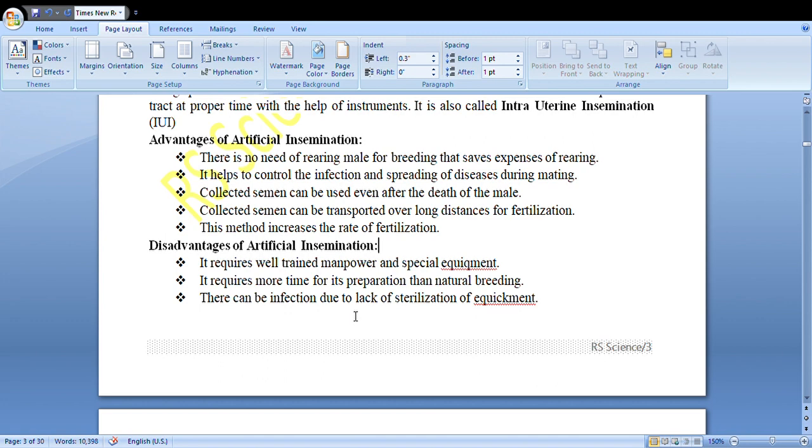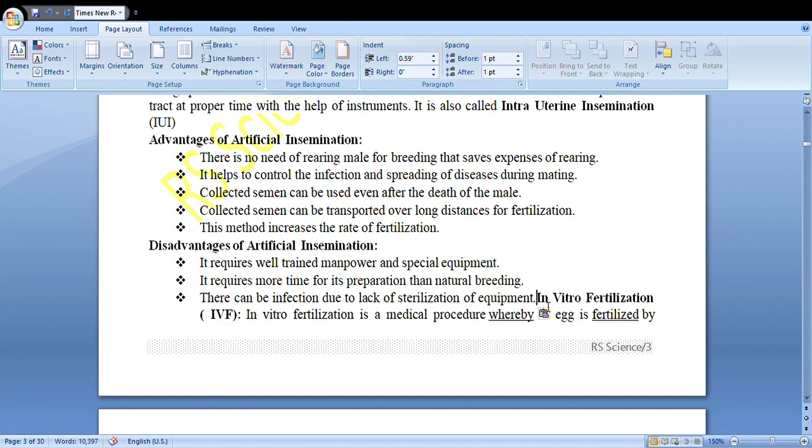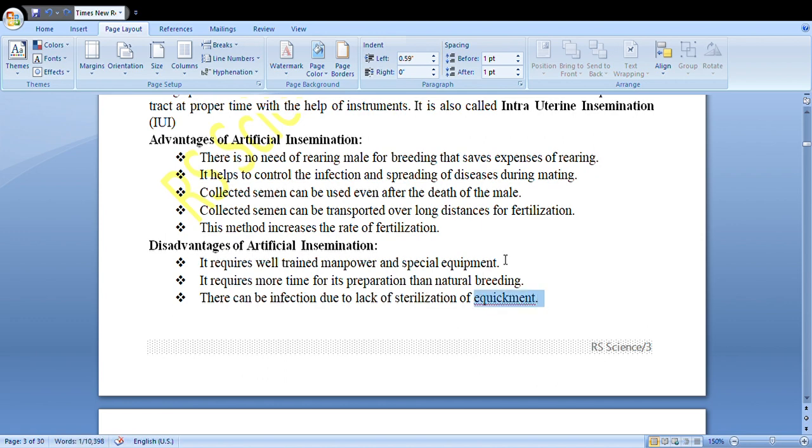There can be infection due to lack of sterilization of equipment. Equipment means instruments.